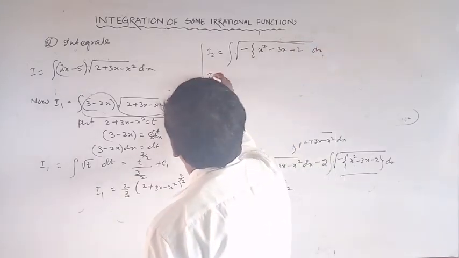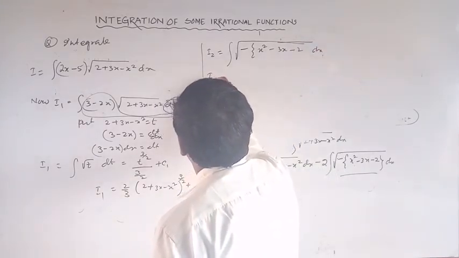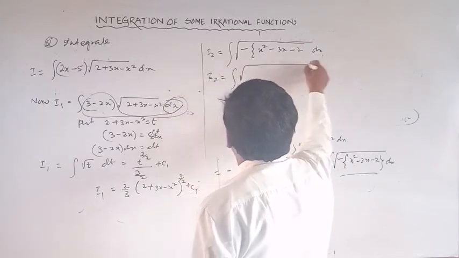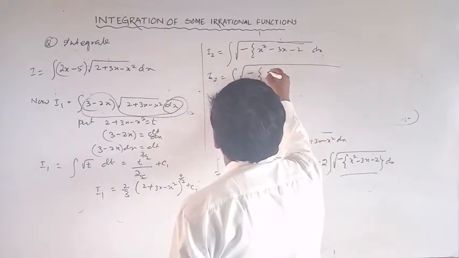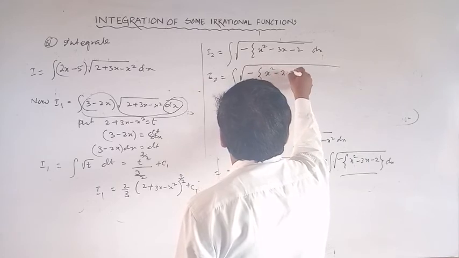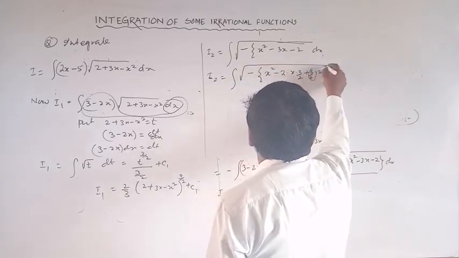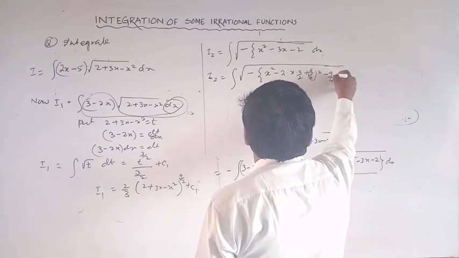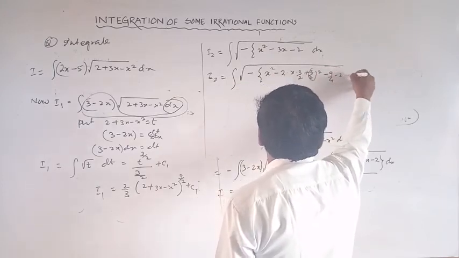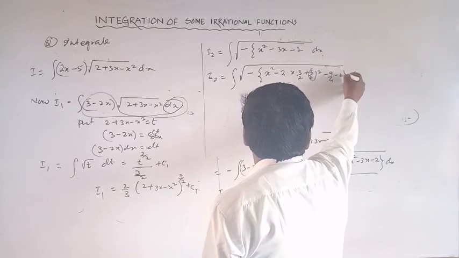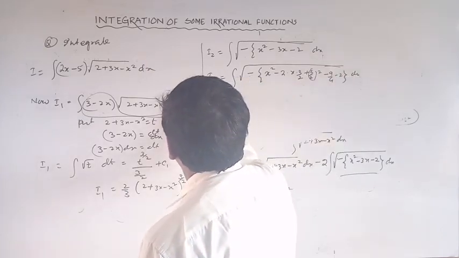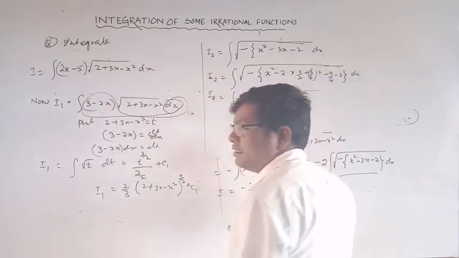So I2 is equal to what? Square root of minus of x square minus 2 into x into 3 by 2 plus (3 by 2) whole square minus 9 by 4 minus 2, dx. Bracket close.